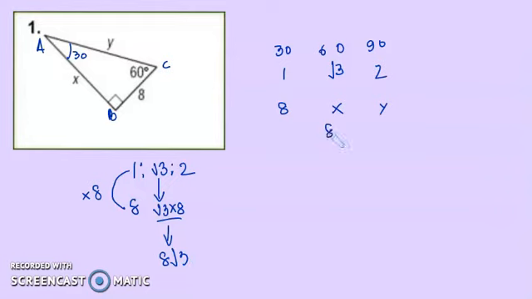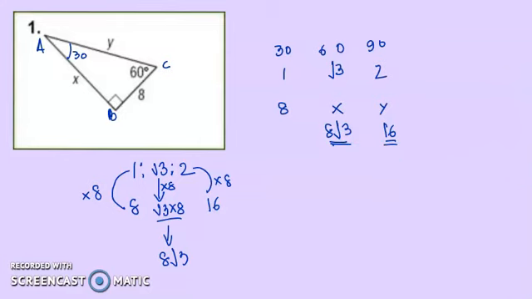And Y is also 8 times, so 2 times 8 will give you 16. That means the values of X and Y will be 8 root 3 and 16 respectively.